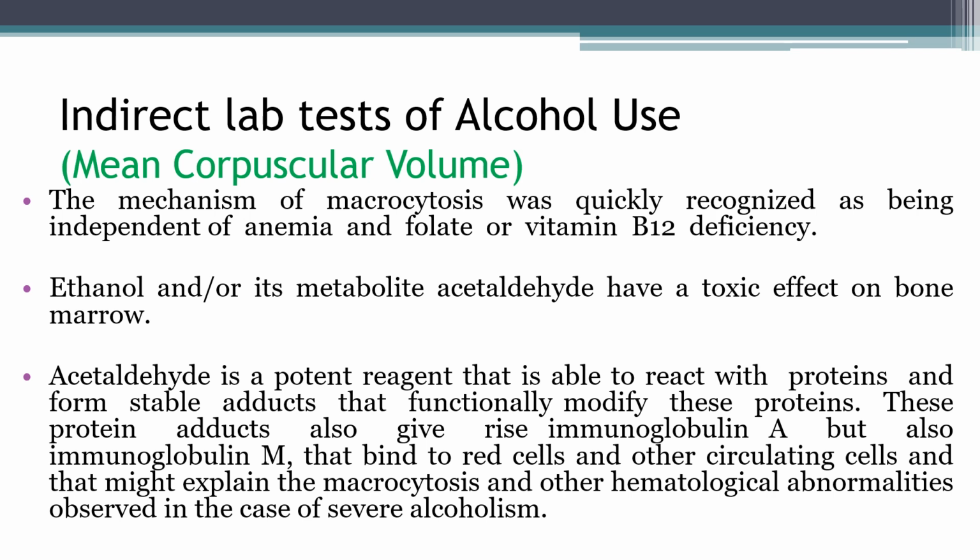Its metabolite acetaldehyde has a toxic effect on the bone marrow. So by the mechanism of immunoglobulin A and immunoglobulin G, which bind to red cells, this can be an explanation of the increase of mean corpuscular volume or macrocytosis.